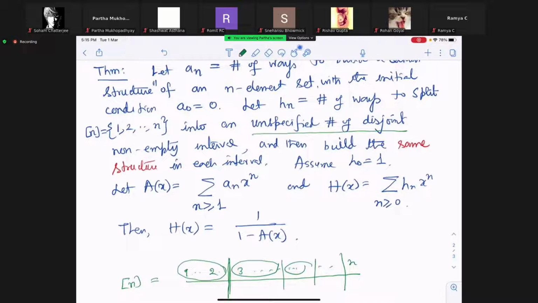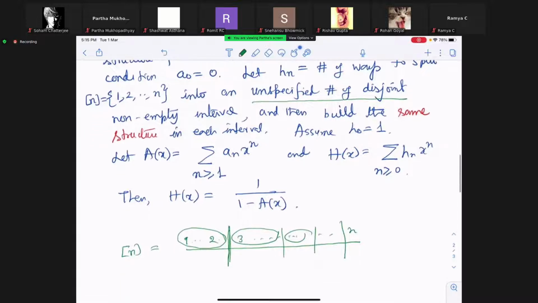That takes two things into account: you can break them into an unspecified number of intervals, and in every interval you can build the structure. Then how many ways can you do it, and more appropriately, what is the generating function for this whole process?